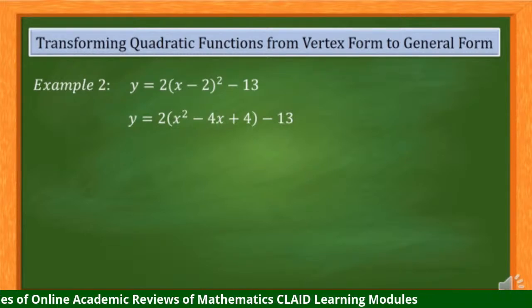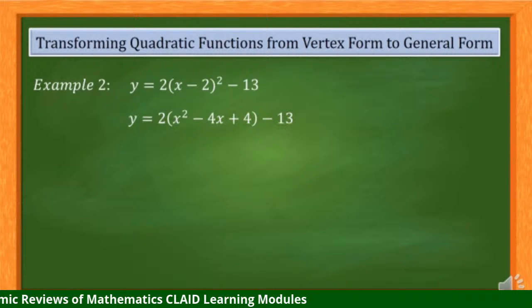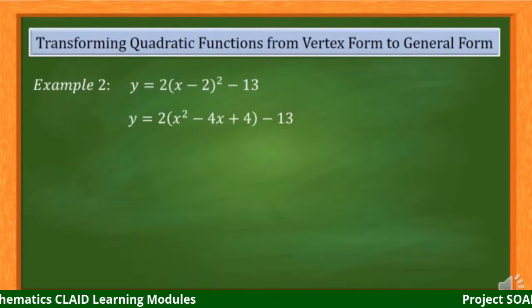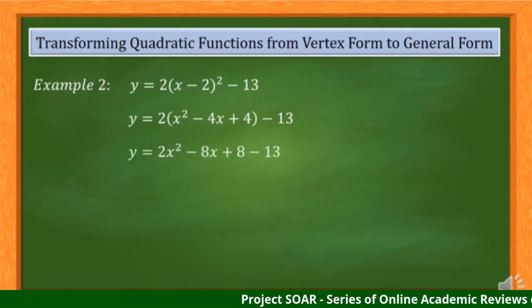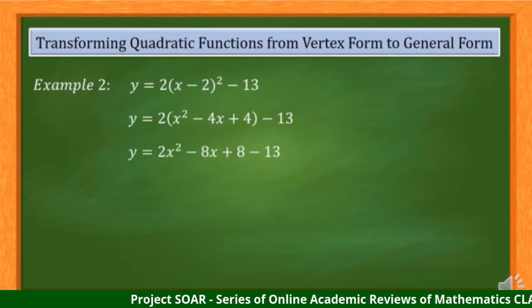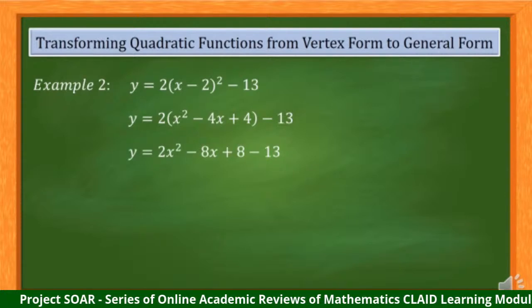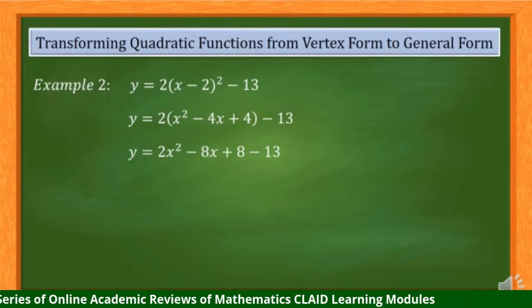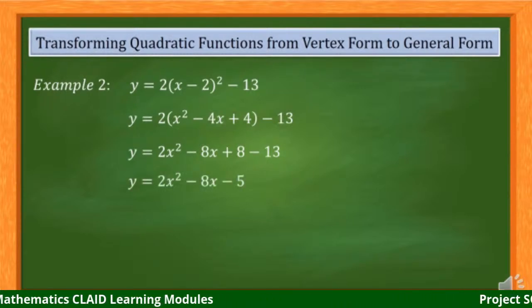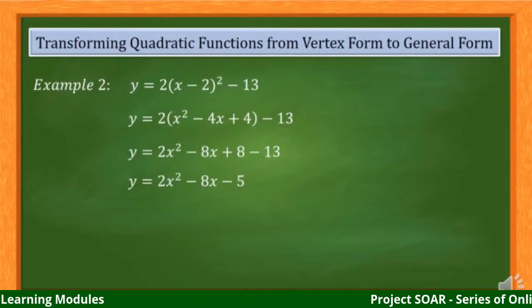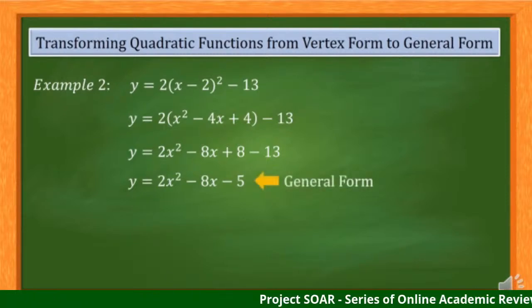So yung 2, imumultiply natin siya sa lahat ng terms na nasa loob ng parenthesis. The result is 2x squared minus 8x plus 8 minus 13. And just simplify this equation. We have y is equal to 2x squared minus 8x minus 5. So this is now the general form.